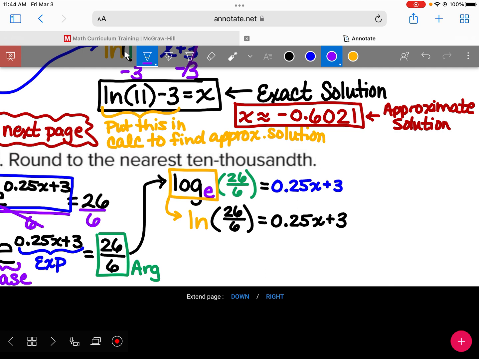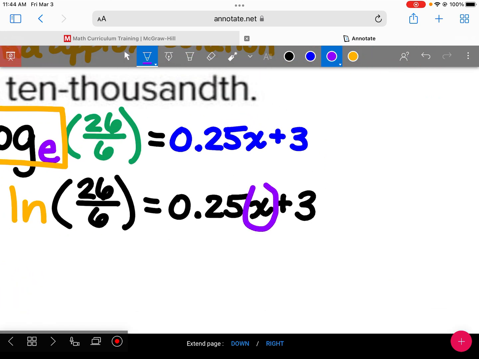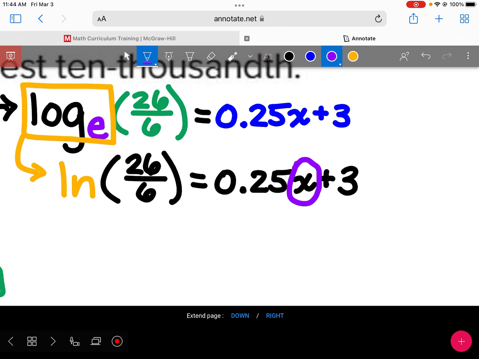Did we already isolate the base, the thing with the exponent on it? Yes. Did I get it rewritten in log form? What's next? Can't put it in the calculator yet. Solve for x. I want to get x all alone. What do I need to do in order to get the x all alone? You subtract 3 on both sides. Subtract 3 from both sides.